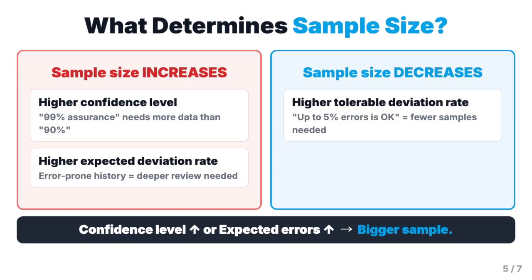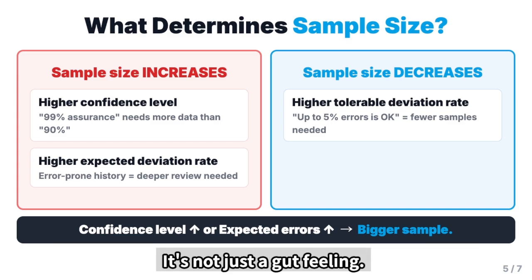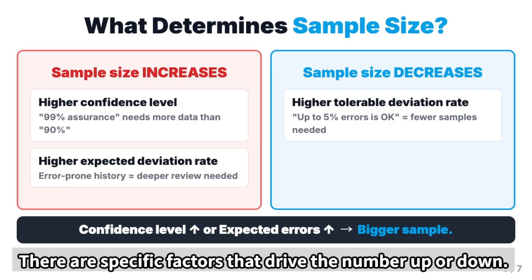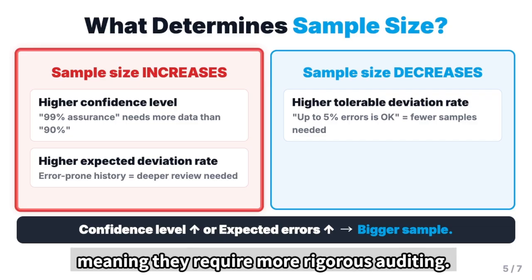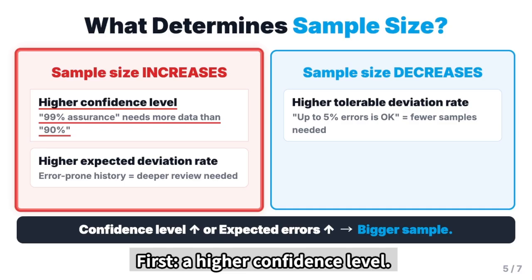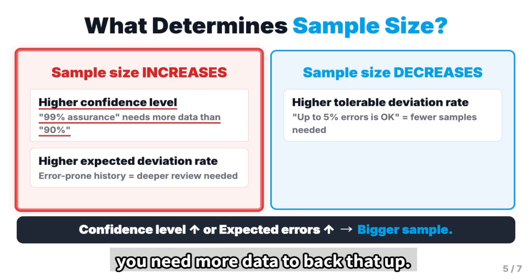What determines sample size? So, how do you decide how many items to sample? It's not just a gut feeling. There are specific factors that drive the number up or down. Two factors increase your sample size, meaning they require more rigorous auditing. First, a higher confidence level. If you need 99% assurance instead of 90%, you need more data to back that up.